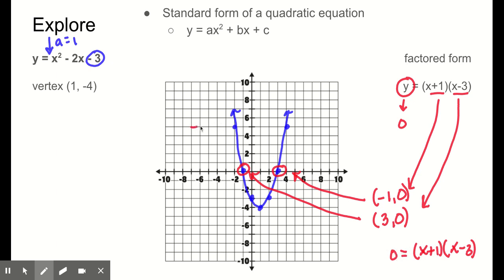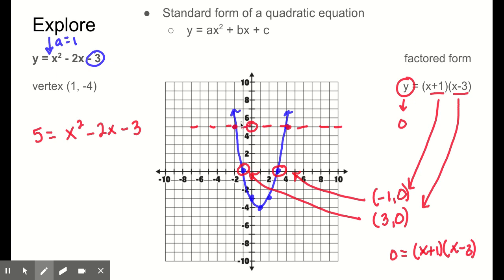So what we could do is we could take a look at these points here. At both of these points here, our y value is a positive 5. So what we would be able to do is say, okay, well, what would our solutions be when y equals 5? And we could use solving, in this case by factoring, we could find our x values at those points.